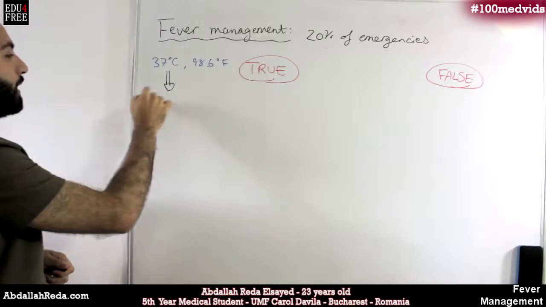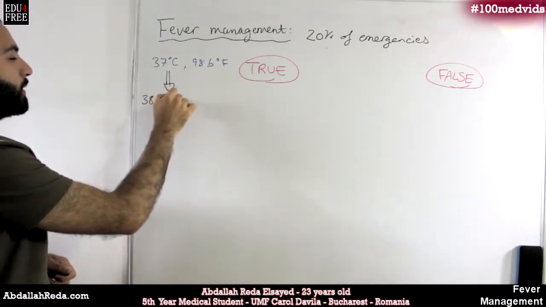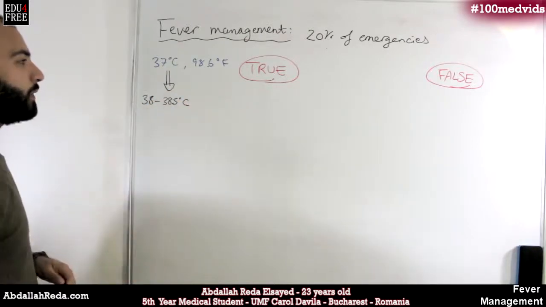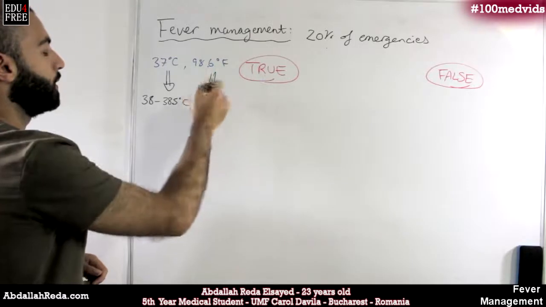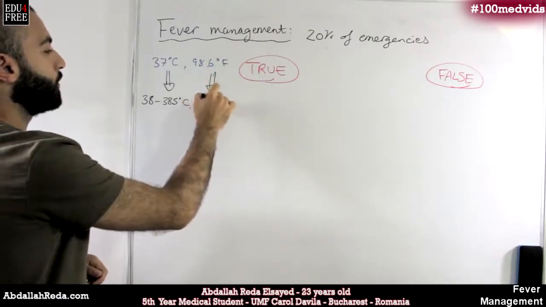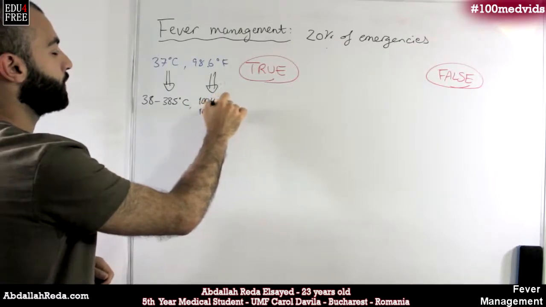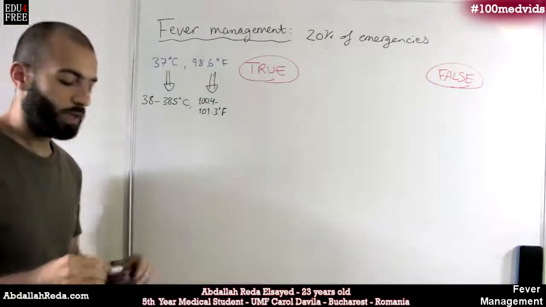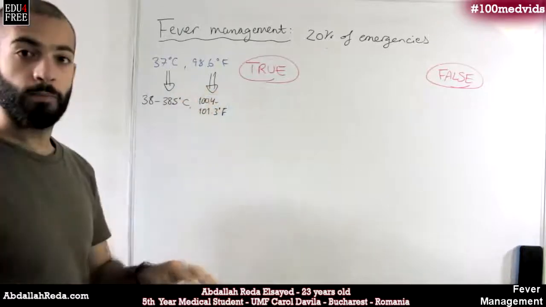So we get 38 or 38.5 degrees Celsius. And in Fahrenheit it will be 100.4 to 101.3 degrees Fahrenheit. This means that we have a fever.